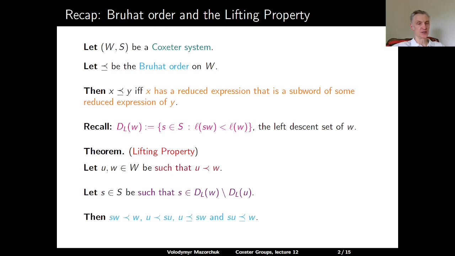In this situation, sw is Bruhat smaller than w, and u is Bruhat smaller than su, by definitions. But then we additionally have that u is Bruhat less than or equal to sw, and su is Bruhat less than or equal to w.